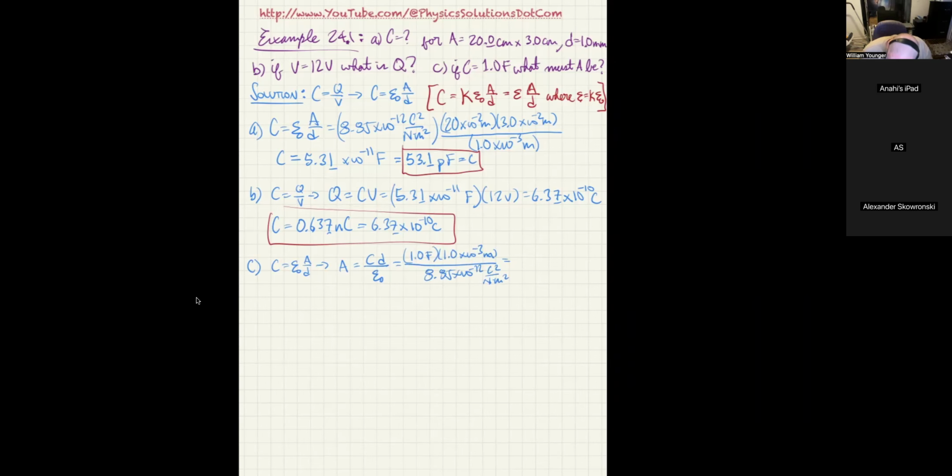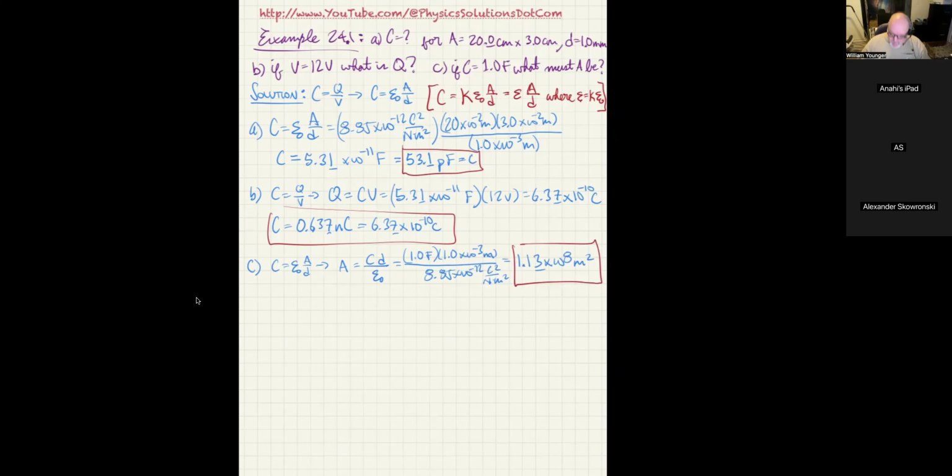And that's going to give me 1.13, that's one extra sig fig, times 10 to the 8th square meters. So you could imagine that's basically 10 kilometers by 10 kilometers is pretty close to what we're looking at there. So that's really, really a huge area that you need for a 1 farad capacitor with a 1 millimeter distance or separation.